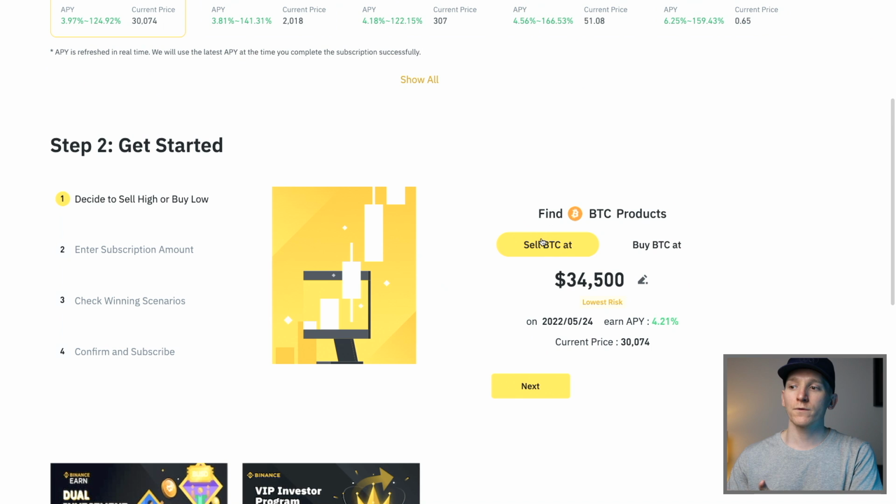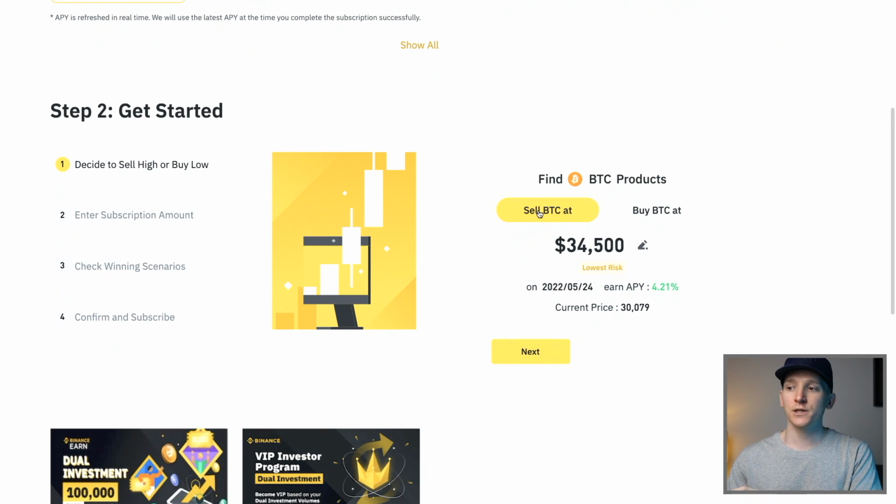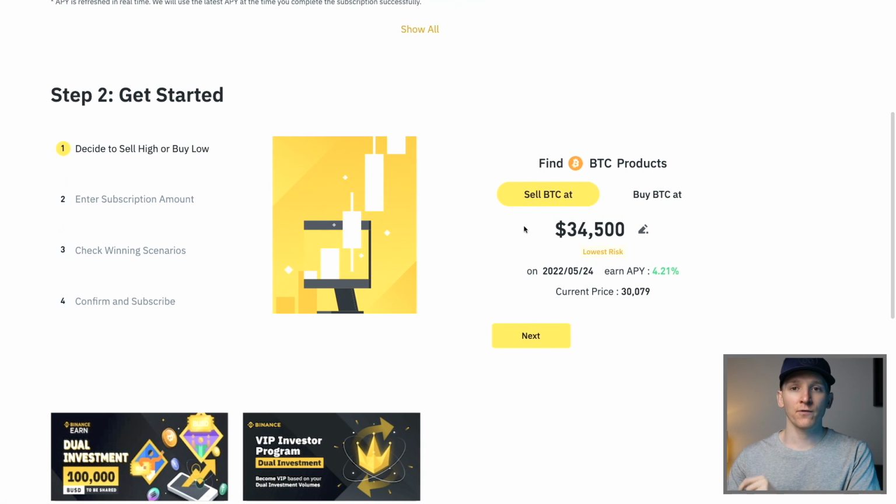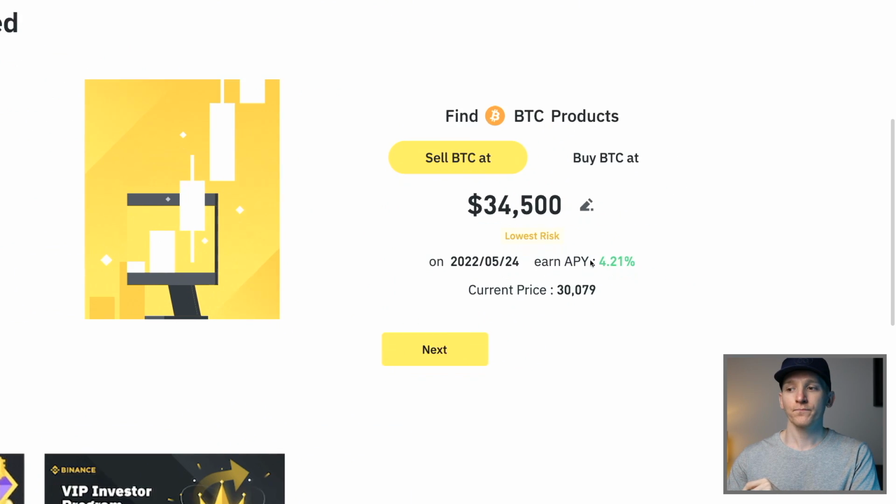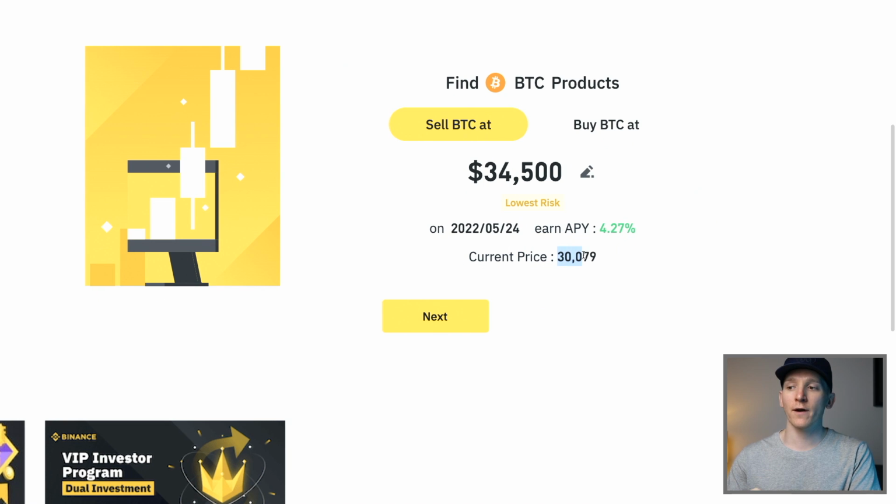So what you're doing if you have Bitcoin and you want to earn some passive income on that is essentially you are giving someone the option to buy Bitcoin from you at a price in the future, and that's the settlement date. Now, you may not want to sell your BTC, and so that is a risk of this. What we can see at this specific moment in time, right here, is that the current price of Bitcoin is 30,079.